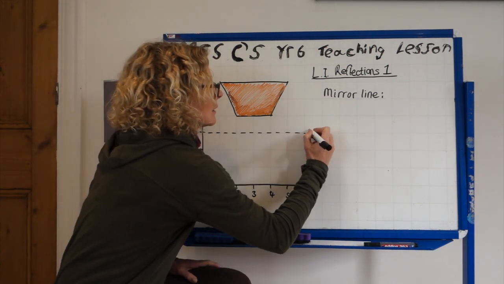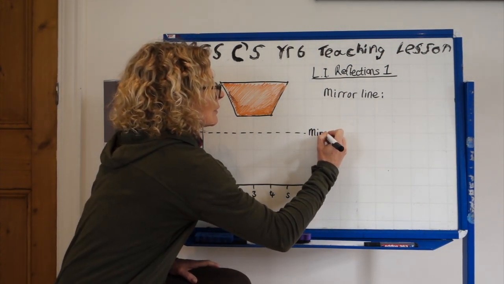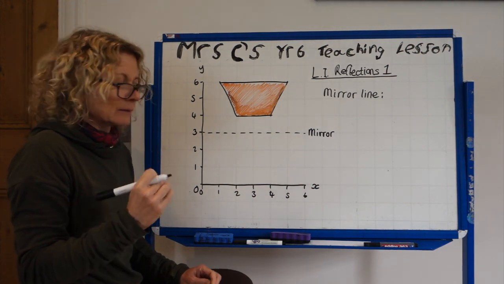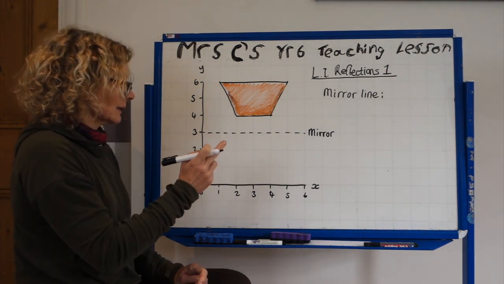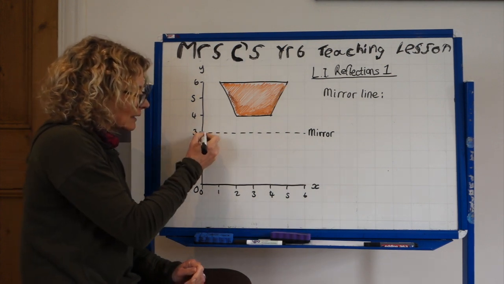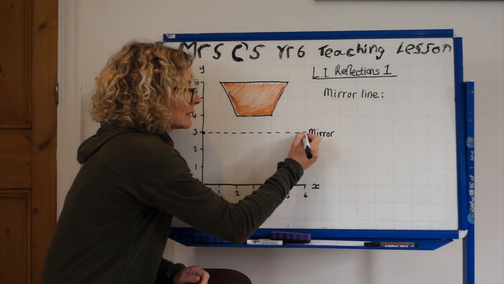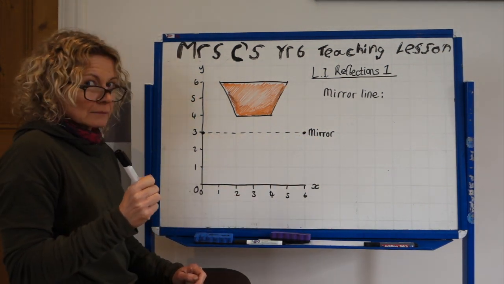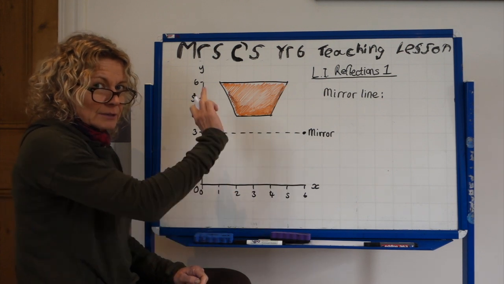So let's all label that. And I just want to tell you about how it would be written. So this mirror line goes from, what's the coordinate for this position here? That dot there and that dot there. What are the coordinates? In through the hallway and up the stairs.